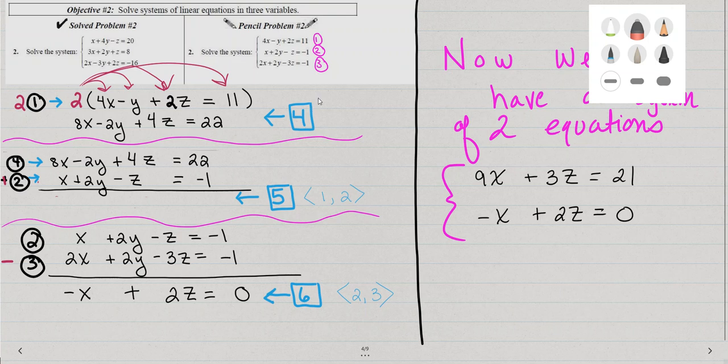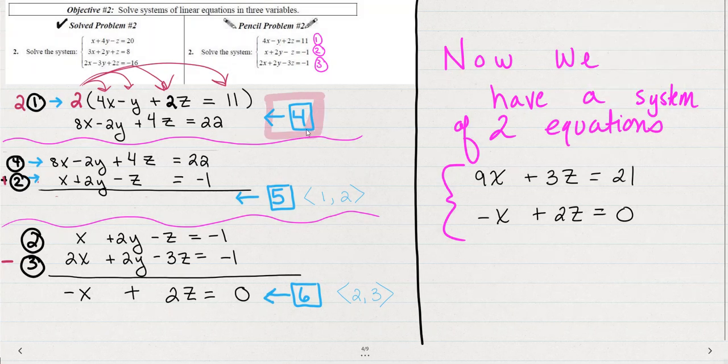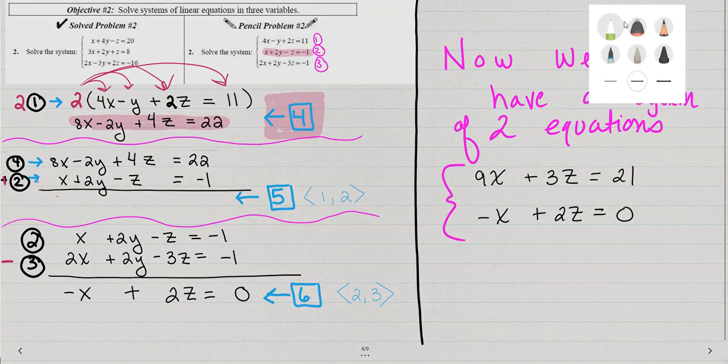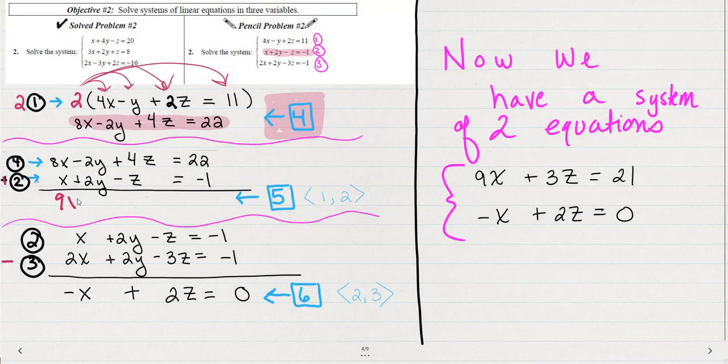If I take my new equation 4 and add that to equation 2, I'd have 8x minus 2y plus 4z equal to 22, plus x plus 2y minus z equals negative 1. When I add those, I'm going to get 8x plus x is 9x.